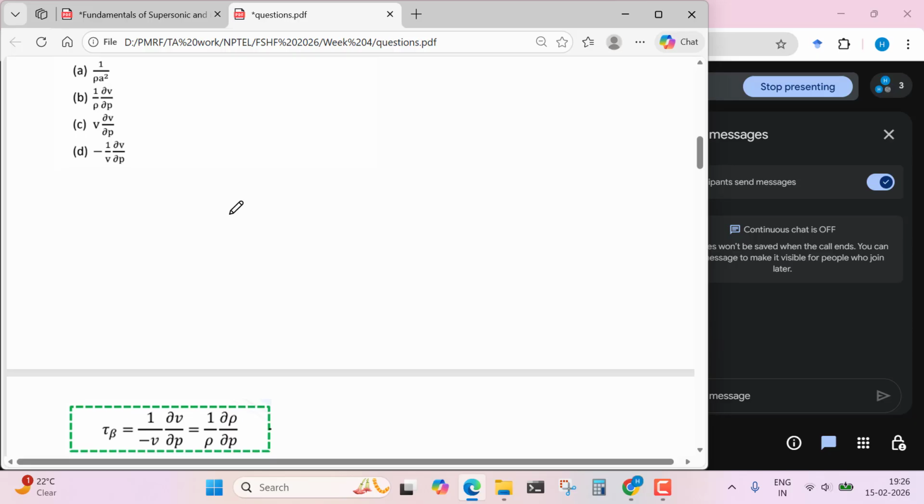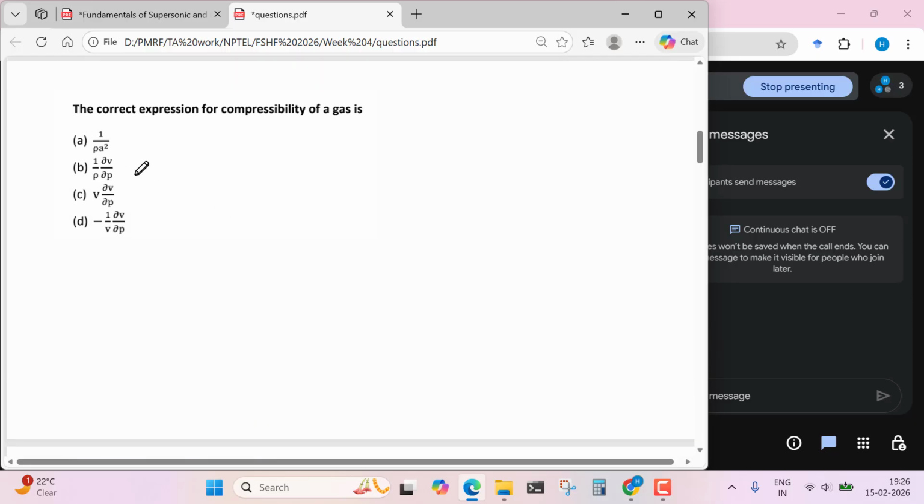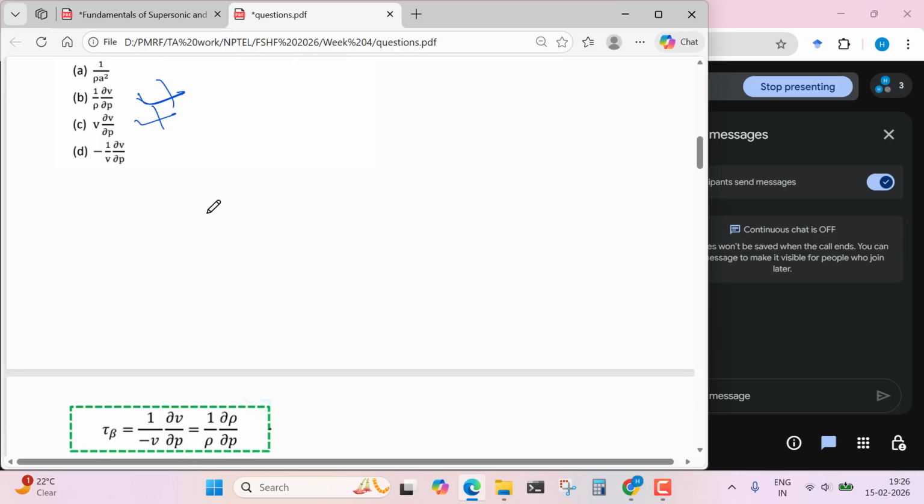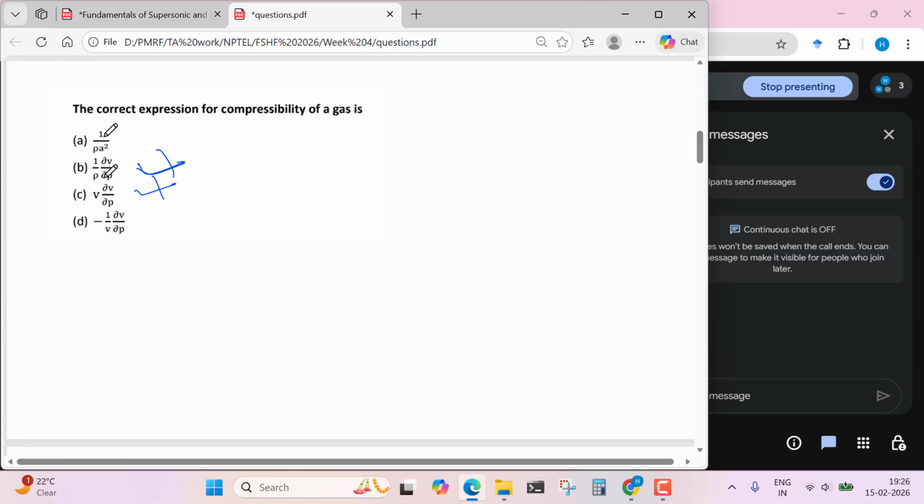B. There are multiple possible answers. Which one? B and C. This one is wrong, both are wrong. So D and A are correct.